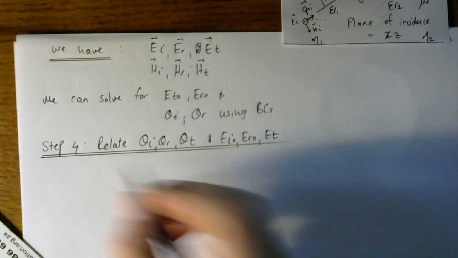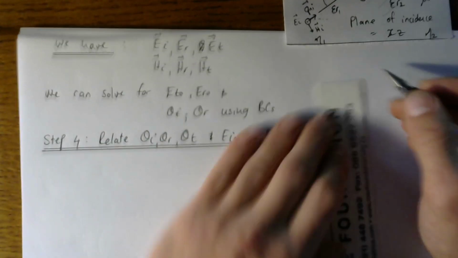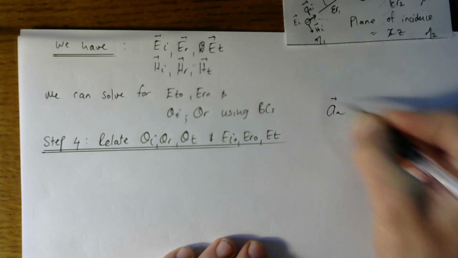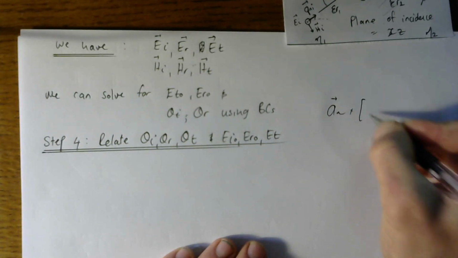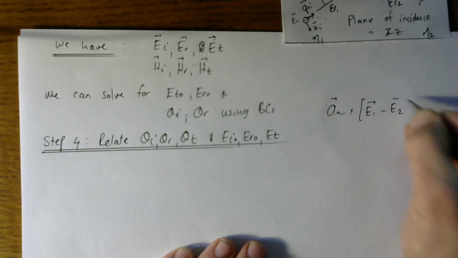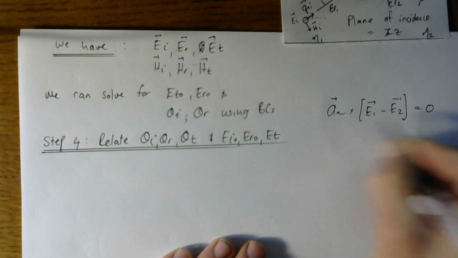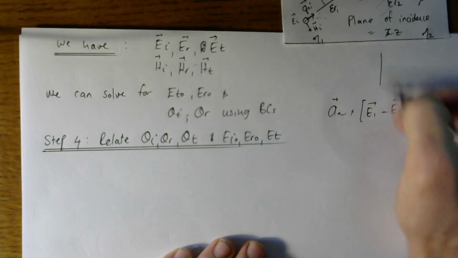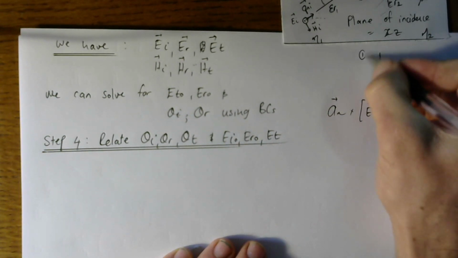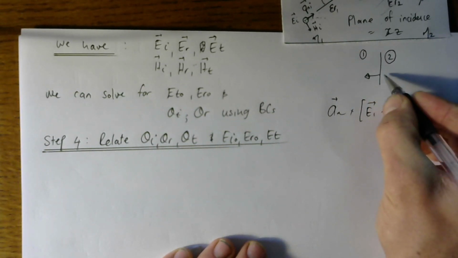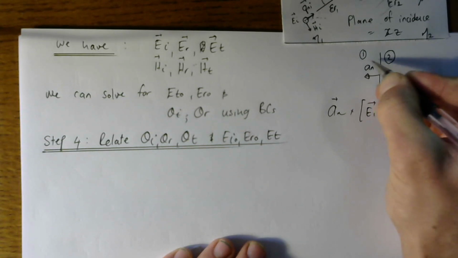Okay. The tangential condition, if you look at the formula sheet, looks like this: a_N cross (E1 minus E2) is equal to 0. This tells me that the tangential field across some boundary, some interface, is continuous. Remember, this is region 1, this is region 2, and my normal points from region 2 to region 1, and this is a_N.